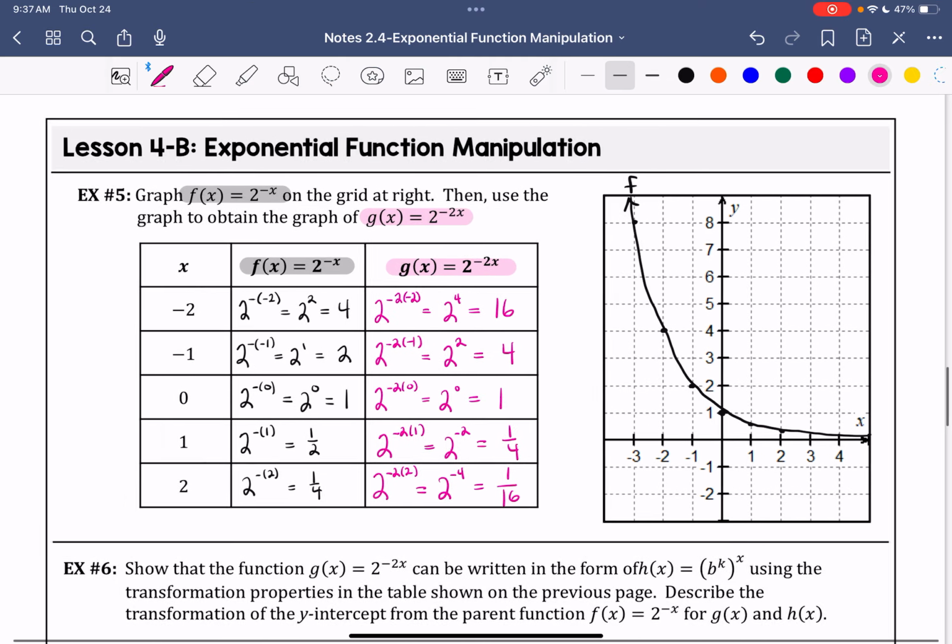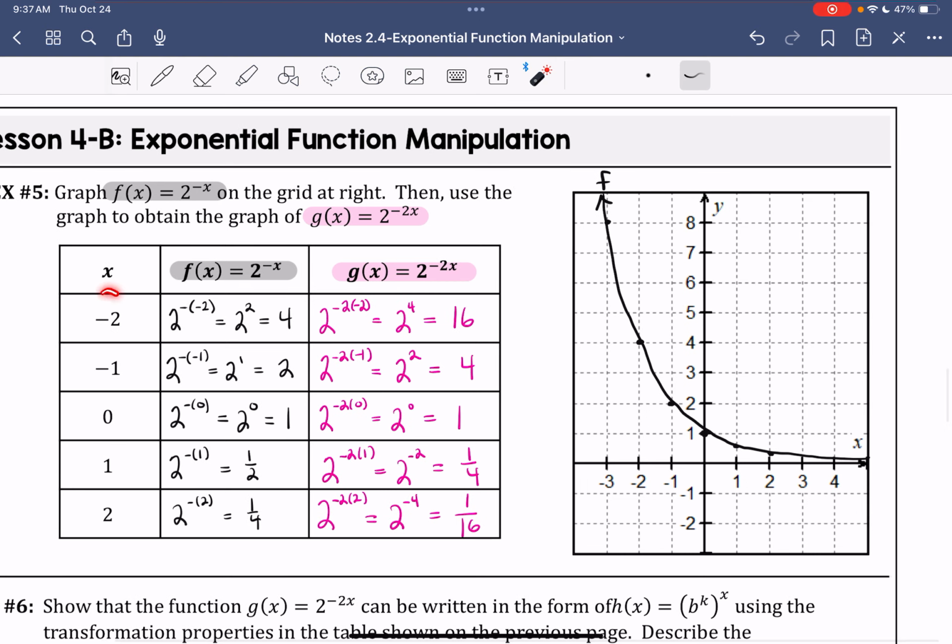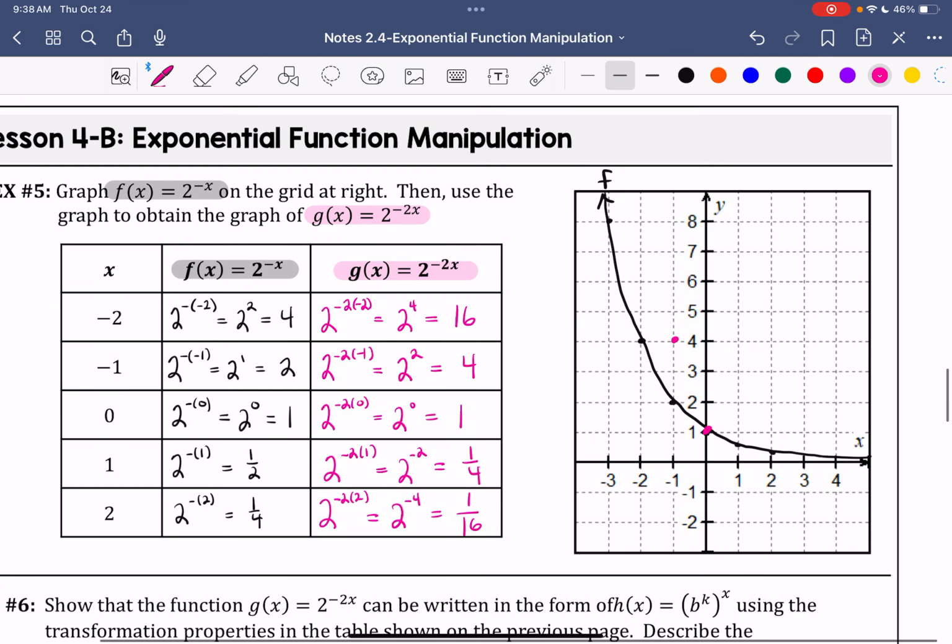Okay, now let's graph these points. Starting with negative 2 comma 16, here's negative 2. 16 is going to be way off our graph. It'd be up here. Negative 1 comma 4, so negative 1, 4. Zero comma 1, so it's going to be right on top of that previous point. 1 comma 1/4, so lower than the block 1.